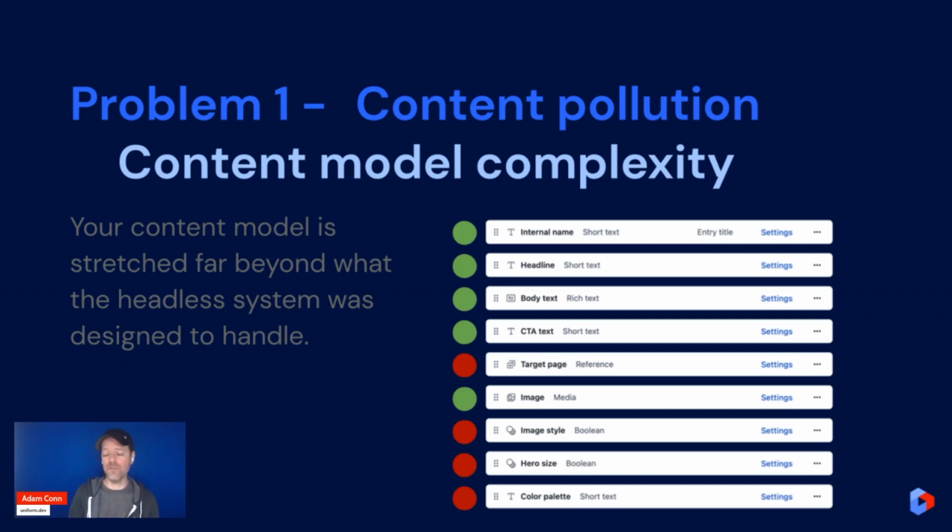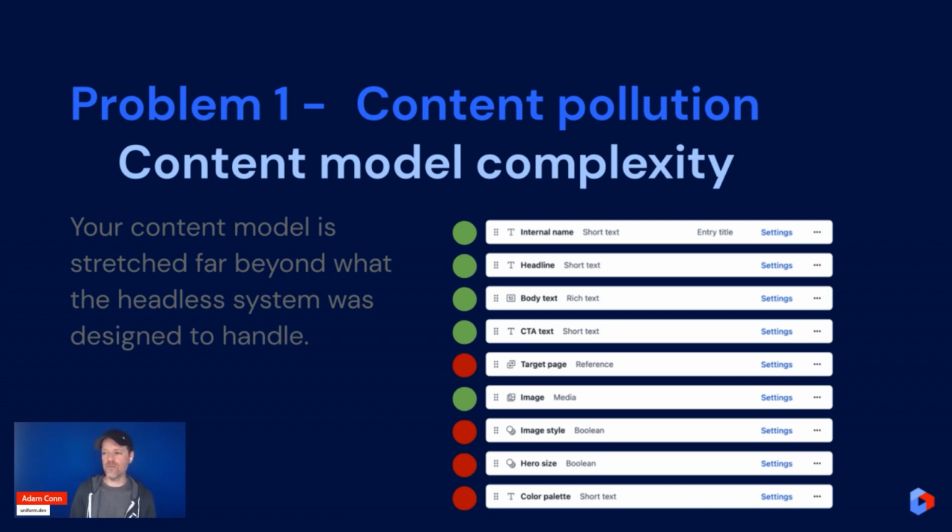So this is an example from the Contentful starter site. And this represents a call to action. And these are all of the different fields that are in the content type. And I put a green little icon next to the fields that really do make sense in terms of describing the content and what a call to action is.